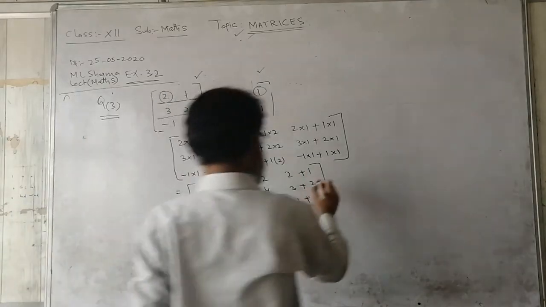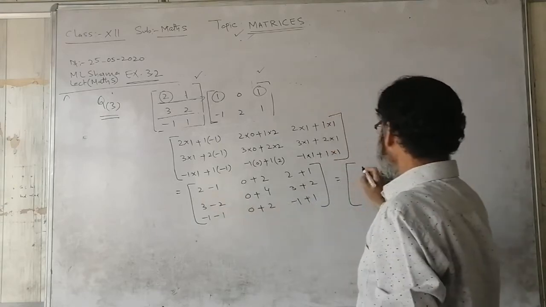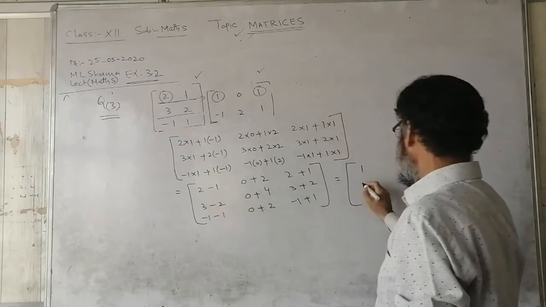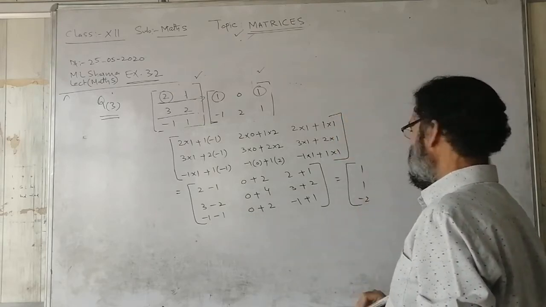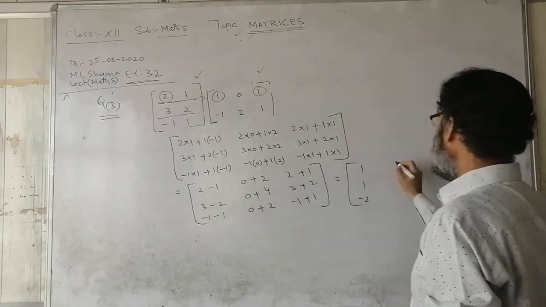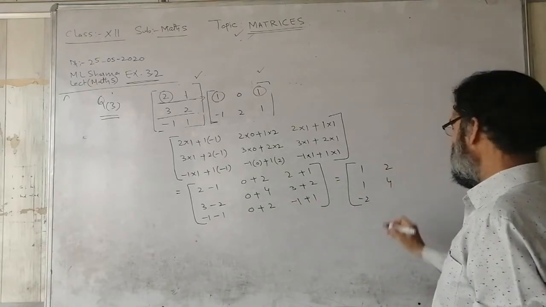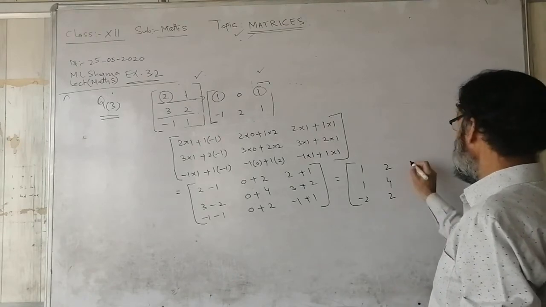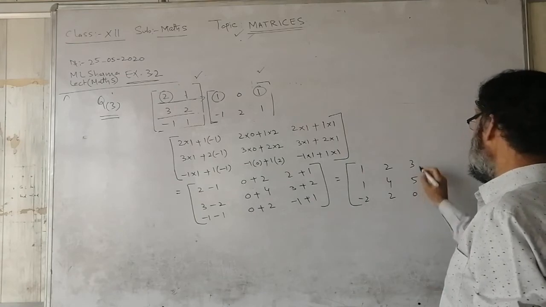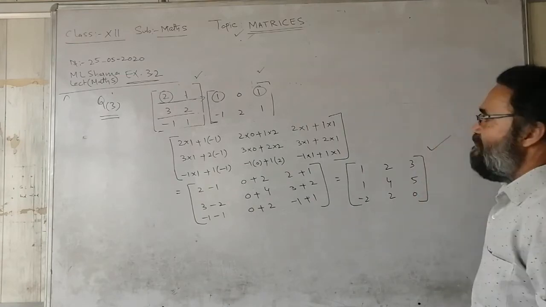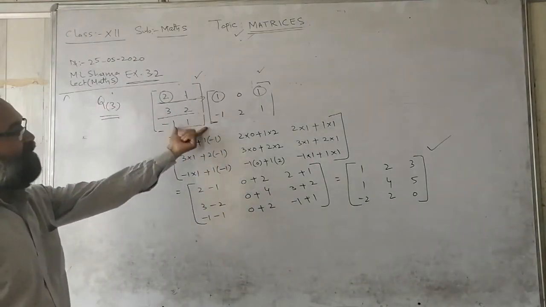So this will equal 2 minus 1, 1 here, 3 minus 2, 1 here, 1 minus 1, minus 2 here, 2 plus 0, 2 here, 4 plus 0, 4 here, and 2 here, 3 here, 5 here, and 0 here. So this is the matrix which is obtained by multiplying the given two matrices.